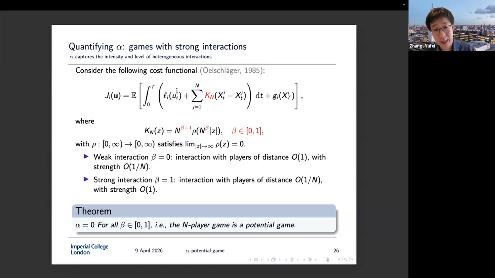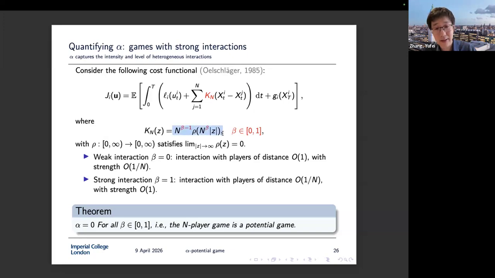Then there is some running cost depending on the control of player i, because I don't want to use a lot of effort. And then there is this interaction term. This interaction essentially specifies the collision avoidance behavior in this automated driving problem. The k is essentially the interaction kernel.